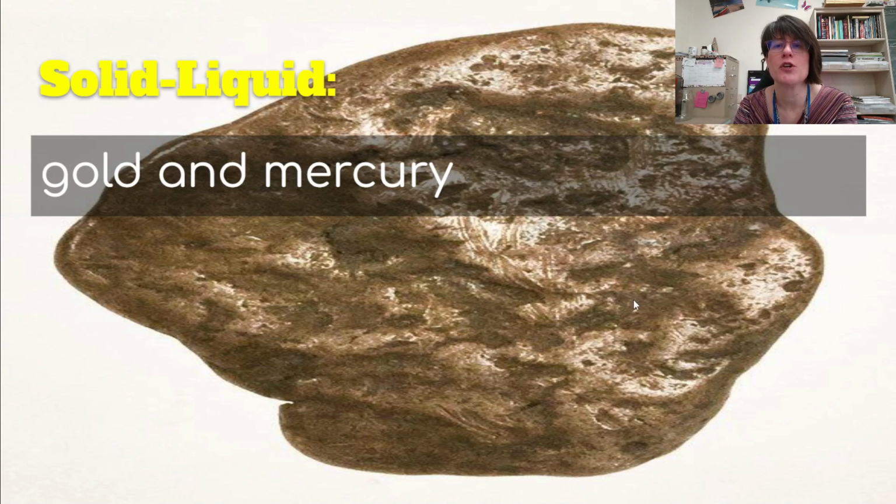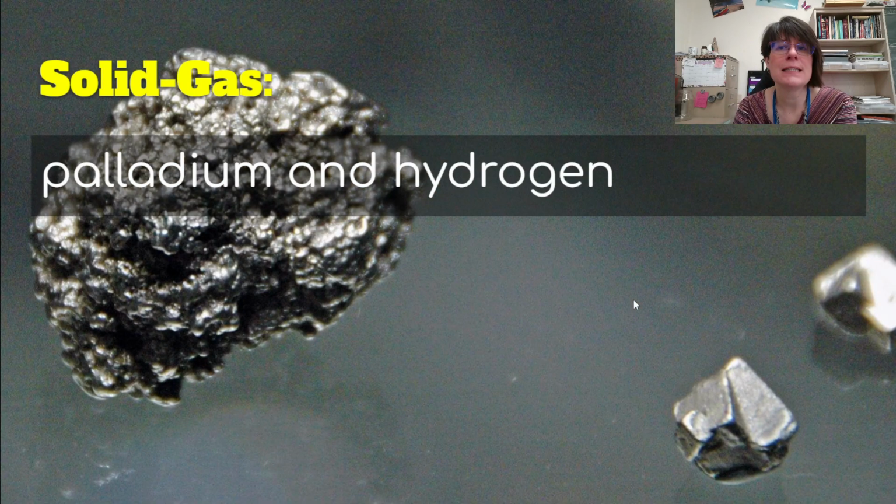There was a mixture with mercury used to fill teeth. Solid-gas mixture. An example is palladium and hydrogen. Hydrogen would be dissolved in palladium to purify the hydrogen, and it would be mixed with the metal, and then heated and extracted from the metal.